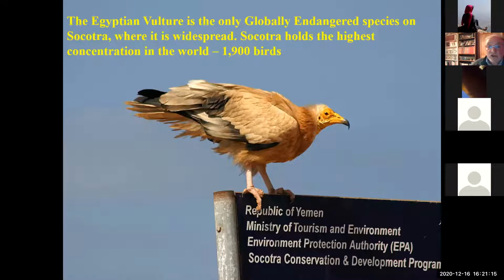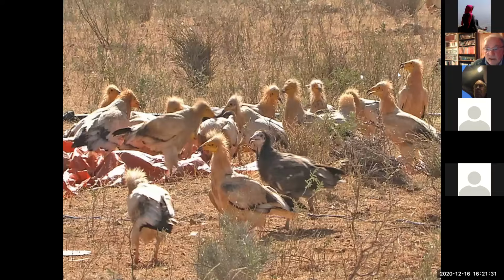I mentioned earlier that the Egyptian vulture is the only globally endangered species on Socotra. It's widespread, and the surveys that we've done suggest about 1,900 birds. Here we see them feeding on the remains of a feast, the carcasses of cattle and sheep after a wedding celebration.